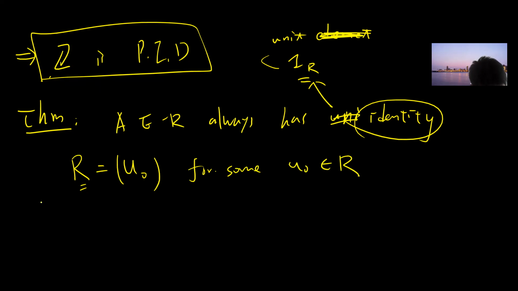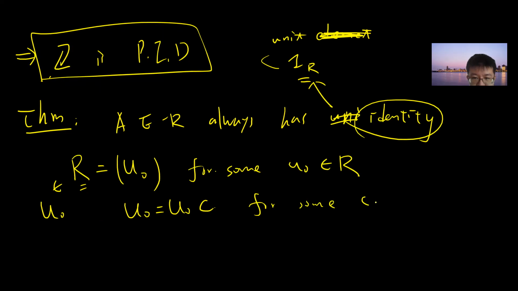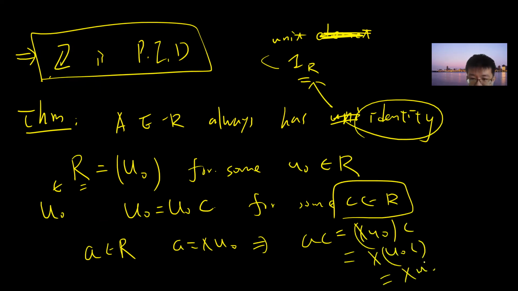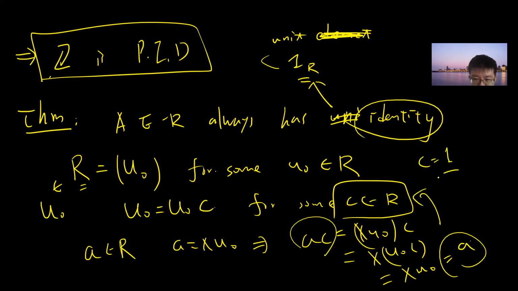The reason is that U0 belongs to the ring, so U0 must be U0 times C for some C. Now I take any element A belonging to R, then I know that A is X·U0, because A is in here, so A must be generated by U0. So I can get AC = X·U0·C = X·U0 = A. So from here we know that C is 1.